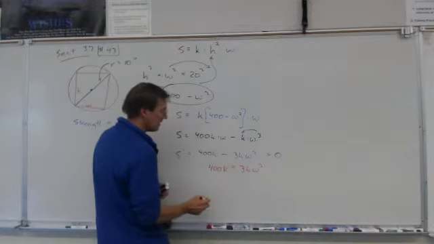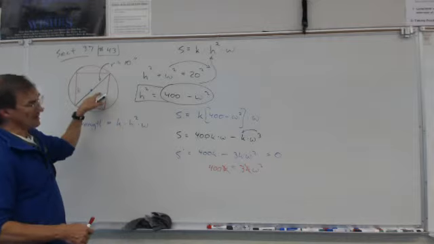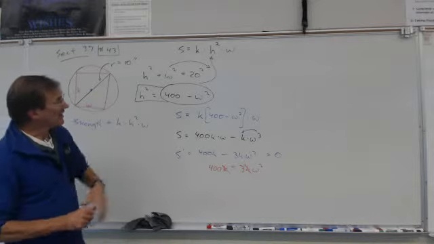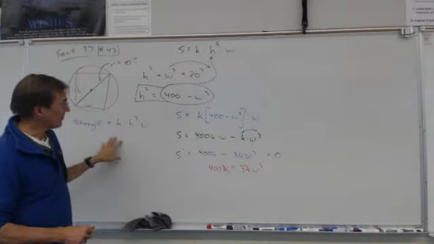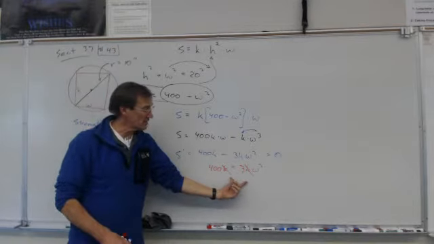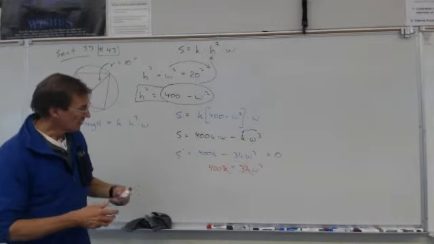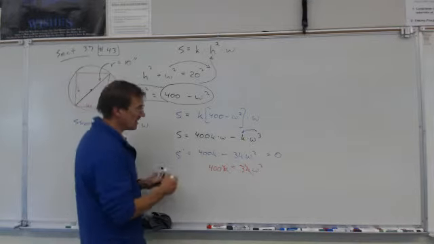3K W squared. The K's are going to cancel, so the K really has nothing to do with it at the end. You can see that the constant of proportionality tells you how strong the log is, but it really doesn't have anything to do with what dimensions we should choose to maximize that strength. So we divide by 3 and take the square root of that.